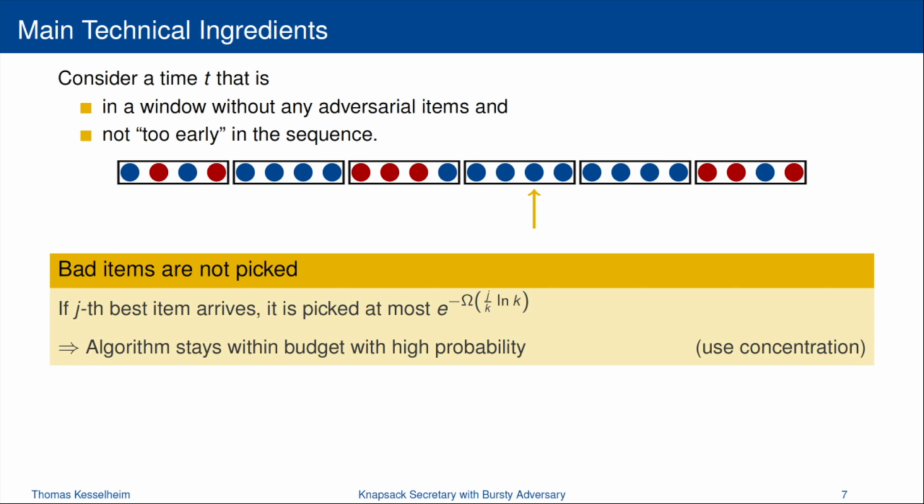And this means that the optimal LP solution that the algorithm is using can do without using this item. Then, using further concentration bounds, using the fact that at least in some way the random order rounds are independent enough, we can show that this implies that the algorithm stays within its budget with high probability.